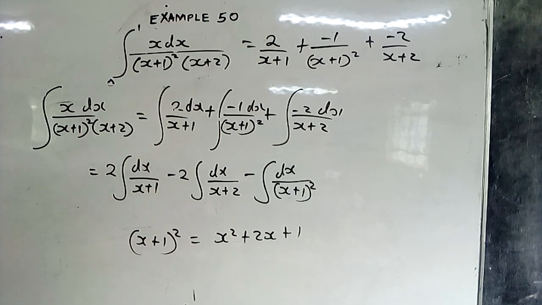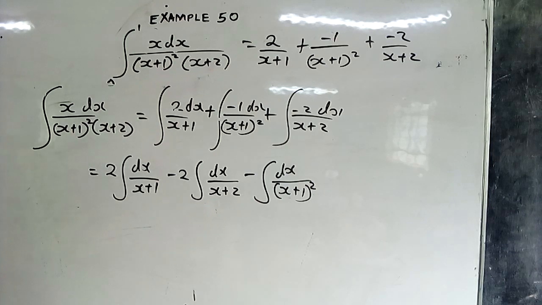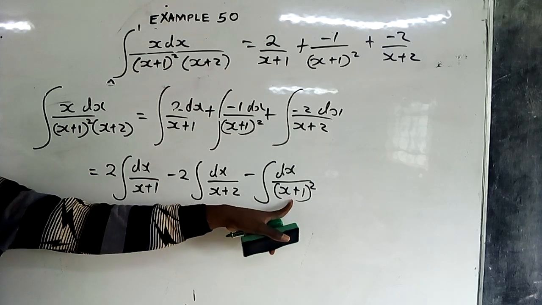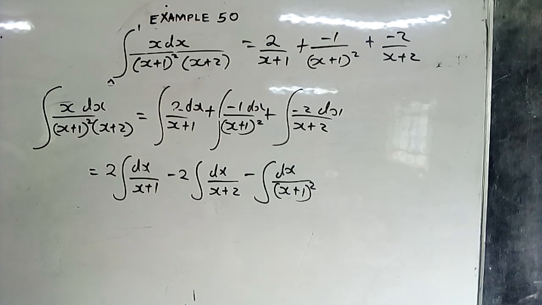It is already a complete square, but it is still algebraic substitution. Do you know it is still algebraic substitution? Because if you try algebraic substitution here, it is going to give the answer to be -1 over x plus 1. Very simple, isn't it?